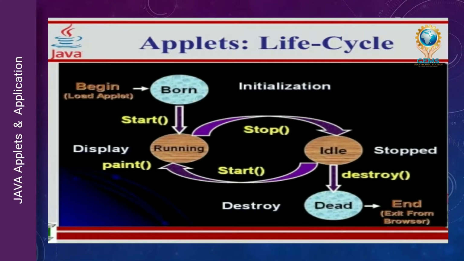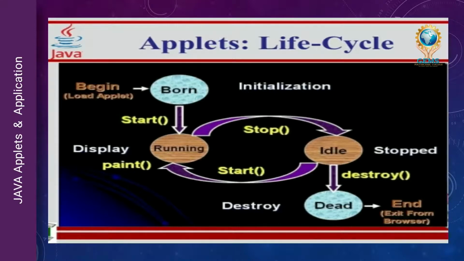Now the life cycle of an applet is very important from an examination point of view. First of all, the applet begins when you load it. It starts to begin, that means born.